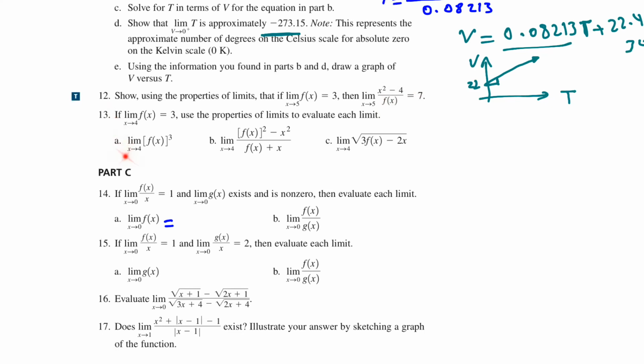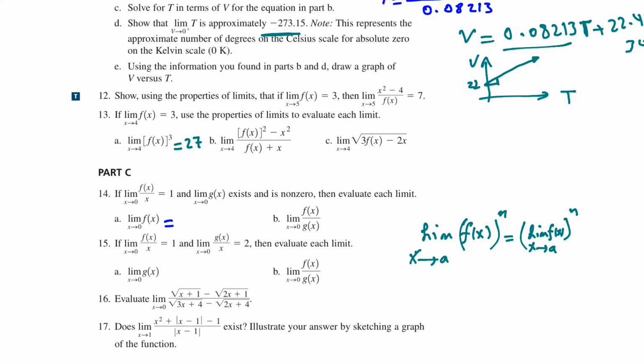Question 13, part A. The limit of f of x to the power of 3 as x approaches 4, when the limit of f of x as x approaches 4 is 3. This limit would be 3 to the power of 3, which is 27. We know the limit of f of x to the power of n as x approaches a is the same as the limit of f of x, to the power of n.